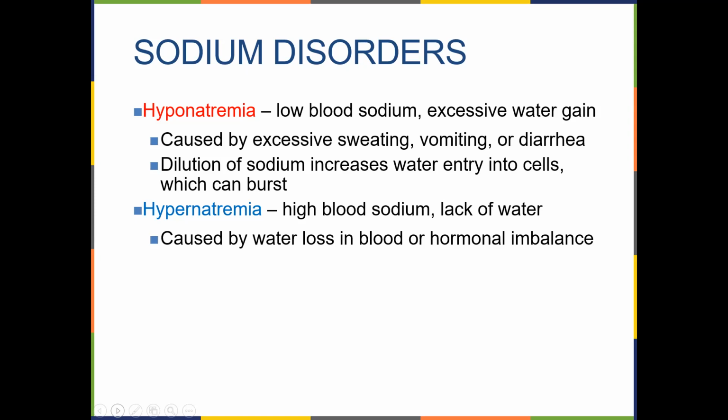And when you dilute the plasma, you cause the cells to swell up. So profuse sweating, vomiting, diarrhea, any of these are going to cause a loss of sodium, or you can get hyponatremia. Remember, hyponatremia can be losing sodium through vomiting and diarrhea, through blood loss, or you simply dilute the plasma.